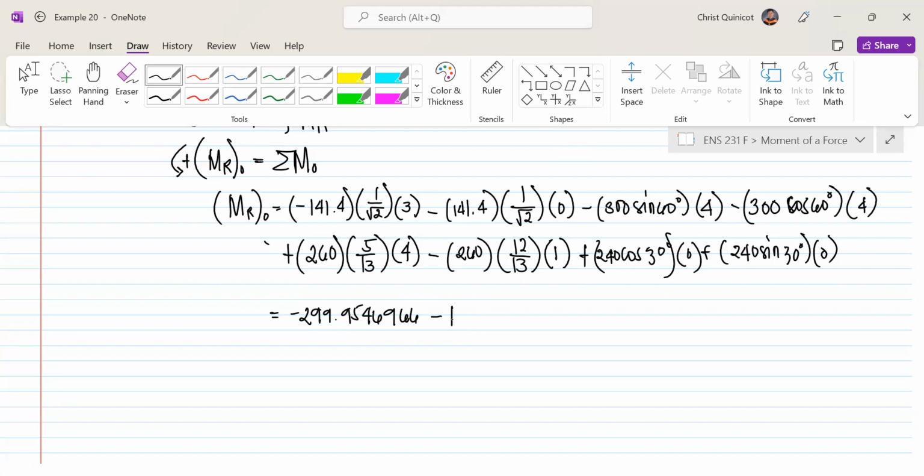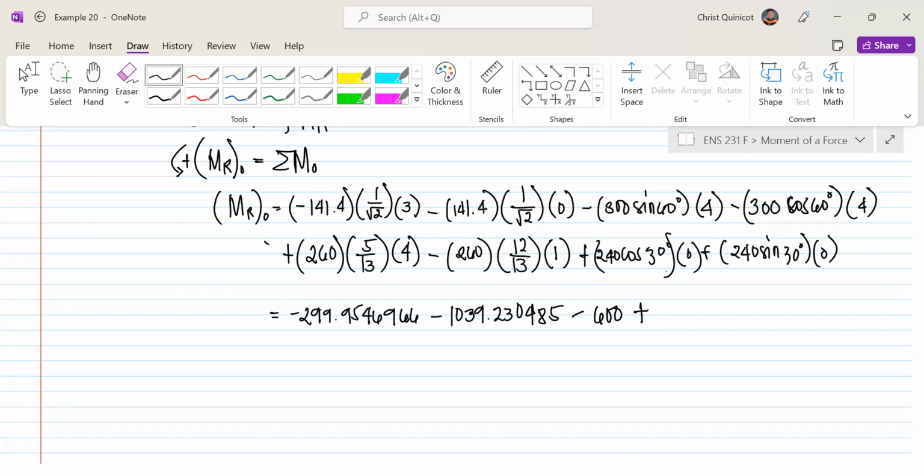That's negative 1039.230485. Okay, and then we have minus 300 cosine 60 is 150 times 4, that's 600, minus 600.